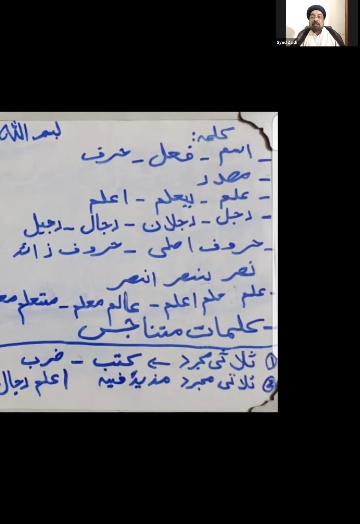When we move on to the other word, Yansuru, we find Ya, Noon, Sad, Ra. These are four letters, and out of these four letters, Ya is extra. Therefore, Ya is not from huruf asli, but from huruf zaid.